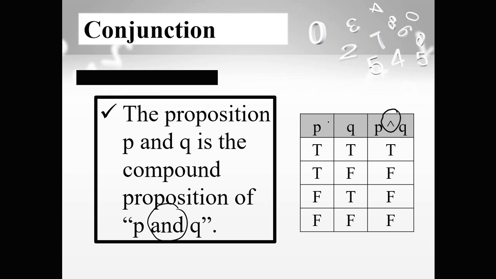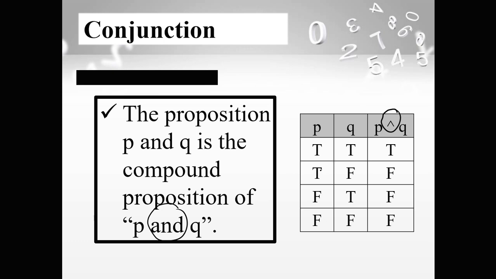So, given po here in the table, P is your first statement, Q is your second statement. What will be the result if you combine your first and second statement by the logical connective and? Okay. So, let's have your table. If your first statement is true and your second statement is true, then the whole statement will be true.